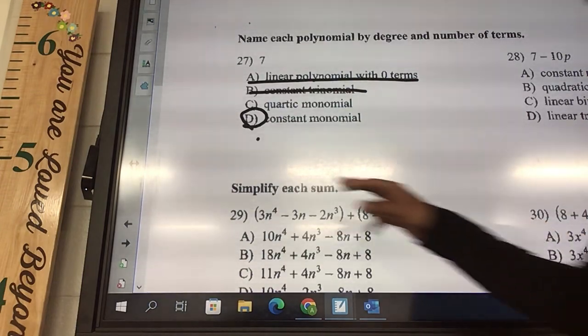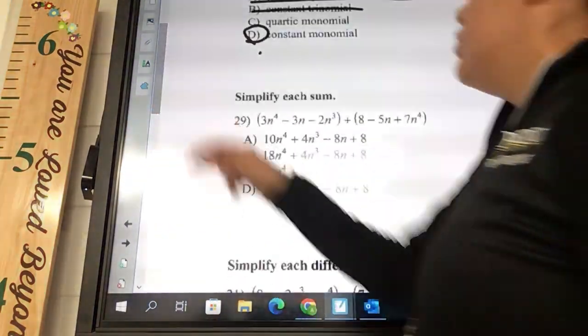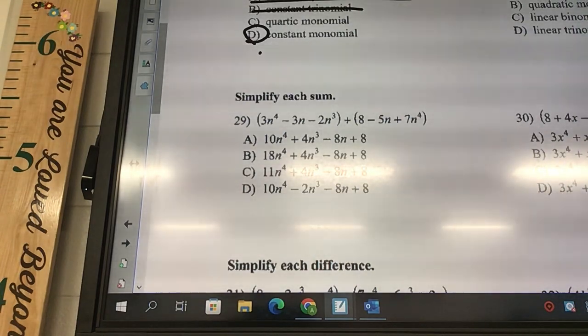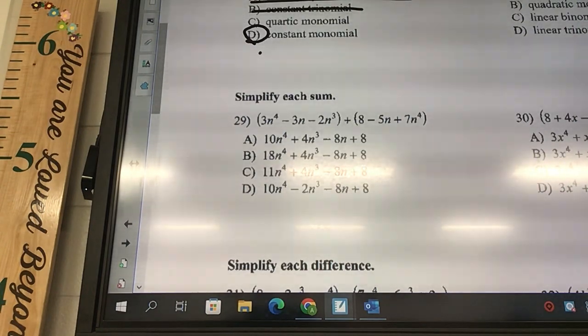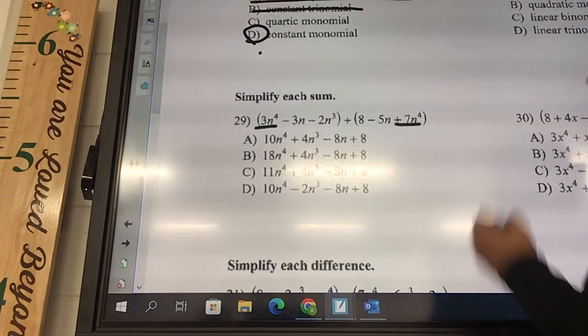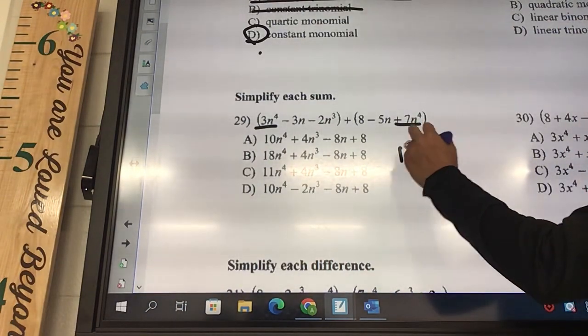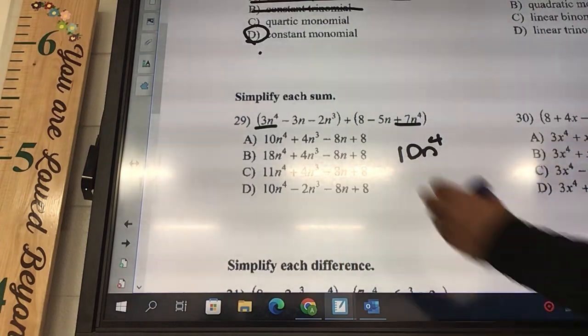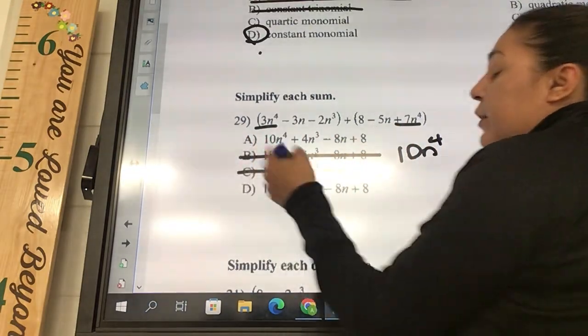Okay, simplify the sum. So when we're doing these, again, go as far as you got to. What would you combine first? 3 and 7, right? And the n4s. So what is 3 plus 7? 10 and 4. What can you eliminate? B and C. You can most definitely, those say 18.